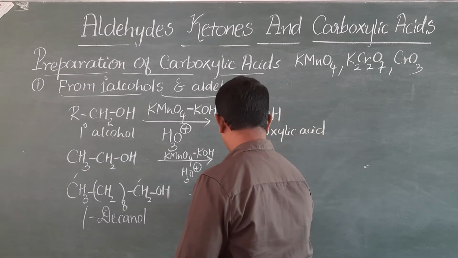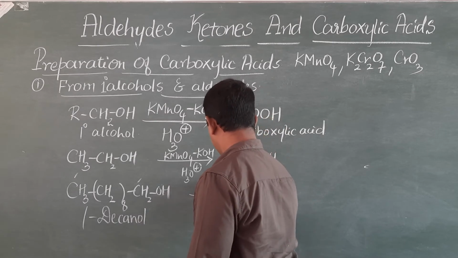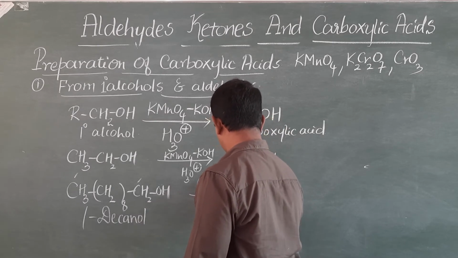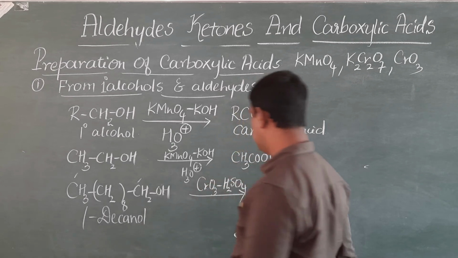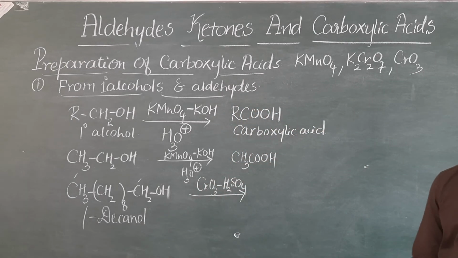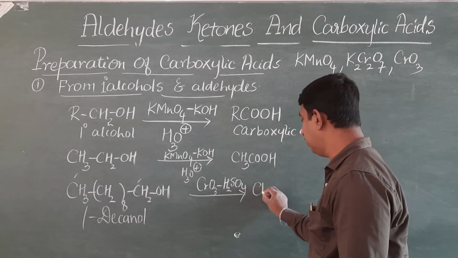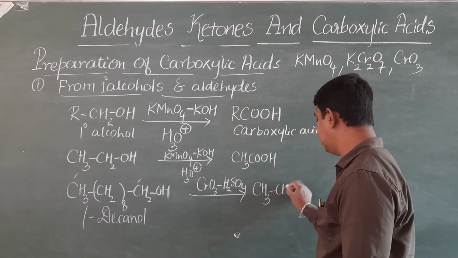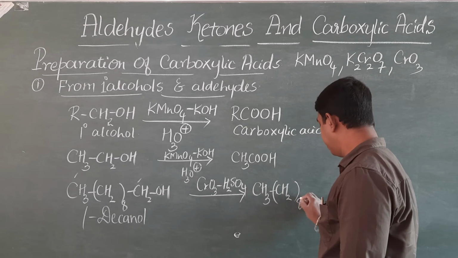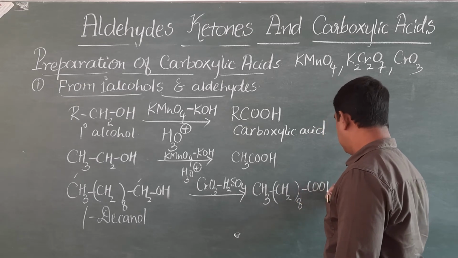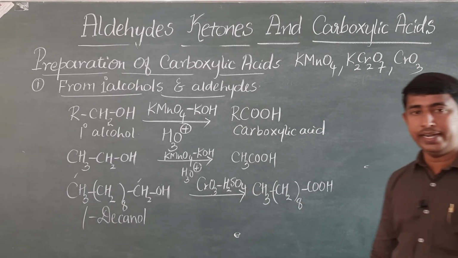When it is subjected to oxidation using acidified chromic oxide, this will form an acid, that is CH3, CH2 8 times, COOH. Number of carbon atoms will be retained as it is.